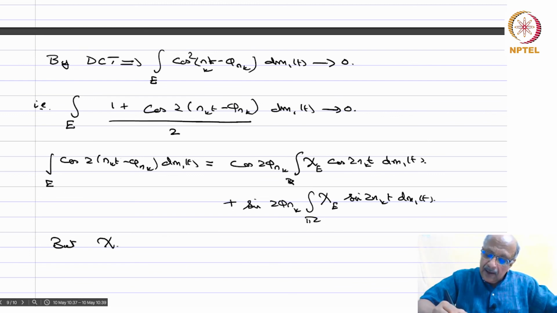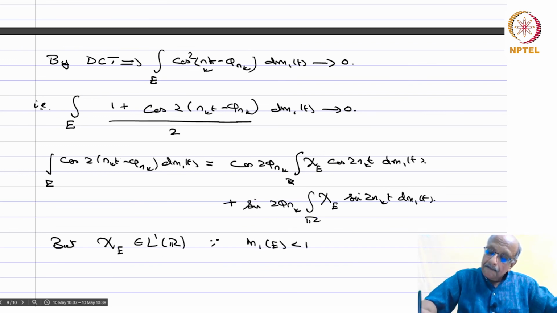But chi E belongs to L1 of R, since you have that m1(E) is finite.